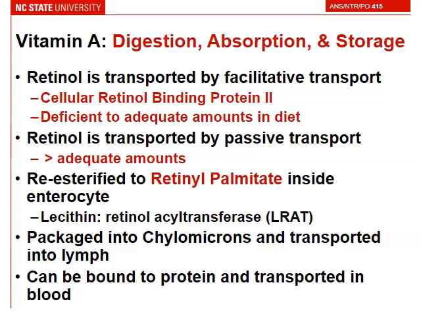So how is vitamin A absorbed? Once we get it digested and we have our retinol and our fatty acid, our palmitic acid is able to go through the fatty acid transport protein 4, where for our retinol, we need to utilize cellular retinol binding protein 2.